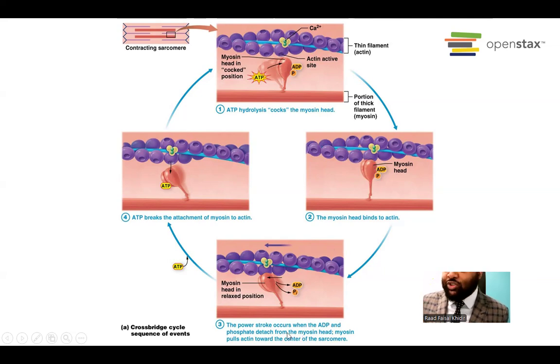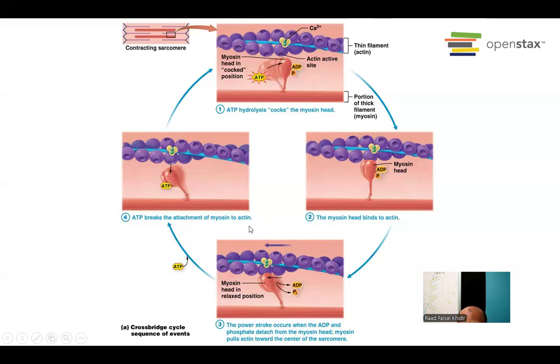Then the power stroke occurs when ADP and phosphate detach from the myosin head, and the myosin pulls actin toward the center of the sarcomere.